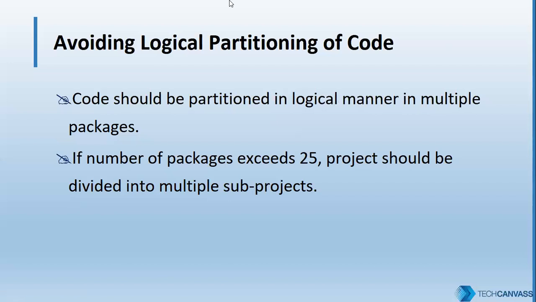Also, if the number of packages is exceeding 25, that is, if your project has more than 25 packages, it should ideally again be logically subdivided into multiple projects or sub projects. This improves scalability and maintainability of the test automation project. So let us not avoid logical partitioning of code and divide our test automation code in such a manner that it is highly scalable and needs very little maintenance in terms of alignment and arrangement of code.